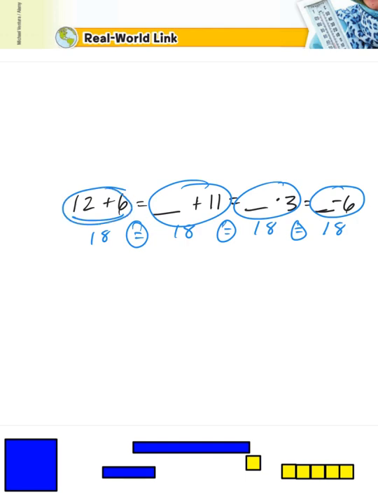All 4 of these expressions need to be equivalent. So you should have come up with that this would be 7, that this would be 6, that this would be 24. Okay, so hopefully that's what you came up with. If you have any questions, go ahead and pause it now and answer any questions you might have.